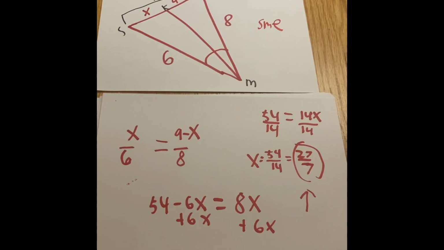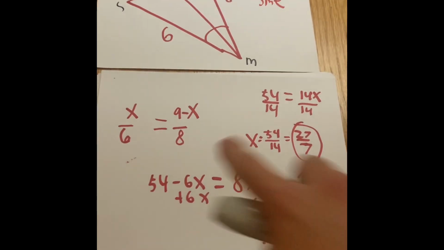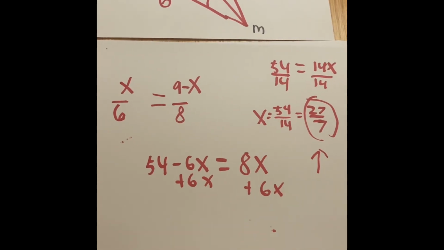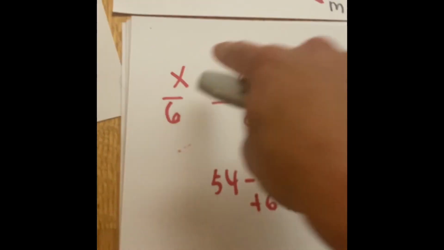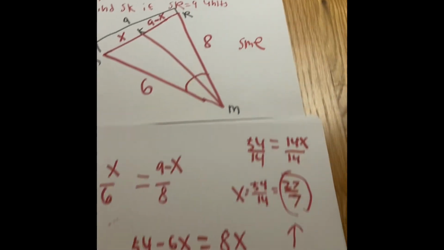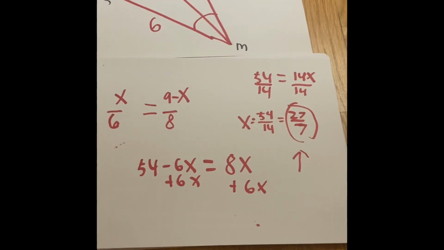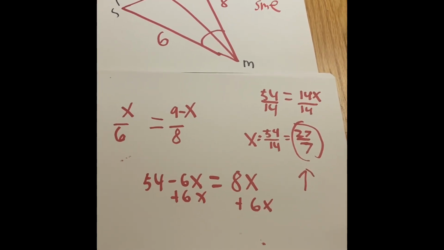Also, many kids have a higher chance of getting things wrong when they don't organize their steps the way we did right here. We got the correct answer, but if you move step 1 here to step 2 here, but then move step 3 all the way up here, it's going to be hard to follow, and your math teacher is going to have a tough time following it. No joke, even professional math people make mistakes. This person right over there is Terence Tao, one of the world's greatest mathematicians.